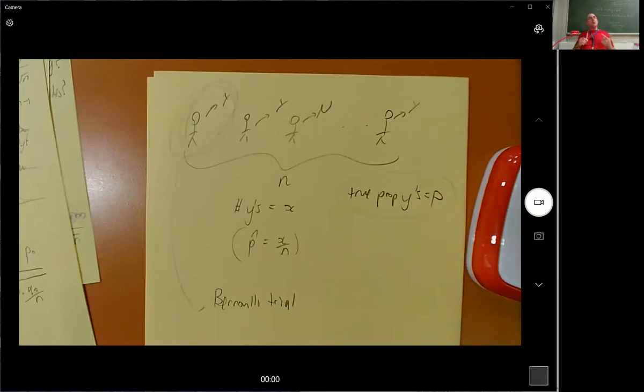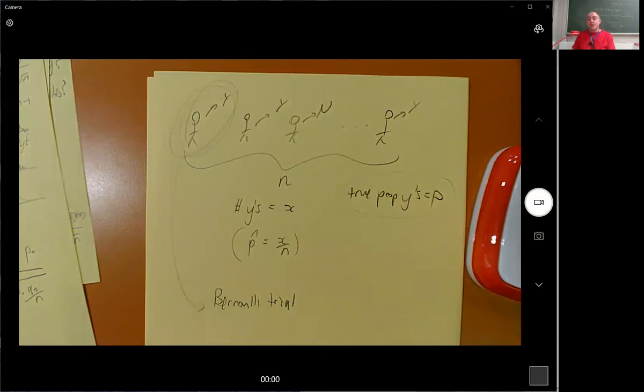It's only called a Bernoulli trial if each individual is independent of every other individual, and if the probability of getting a yes, I think they call it a success, is the same every time. There's 3 rules. What's the other one? Oh, and there's only 2 options, yes or no. Okay, right.